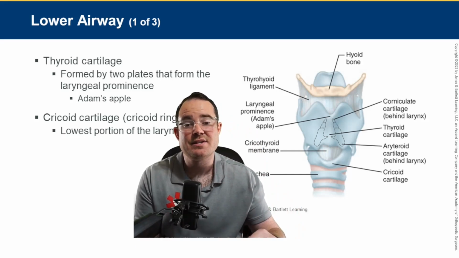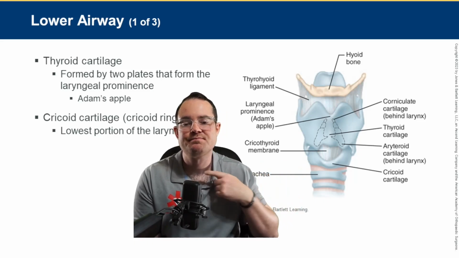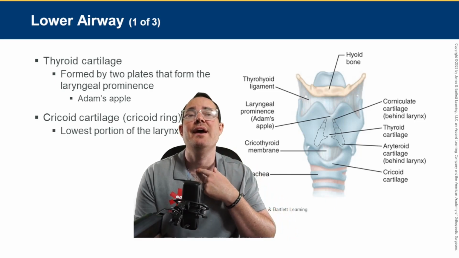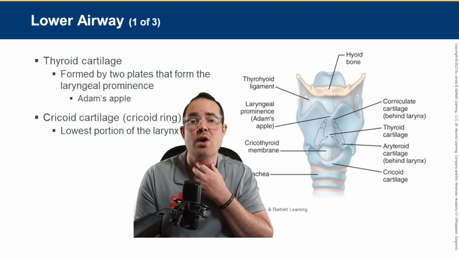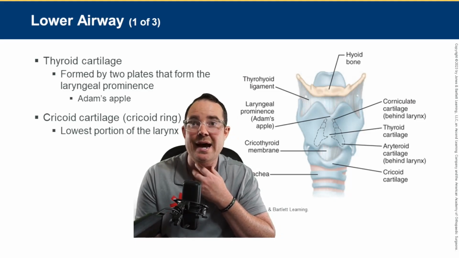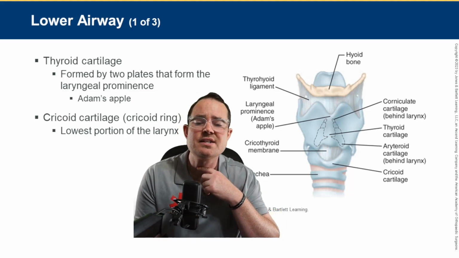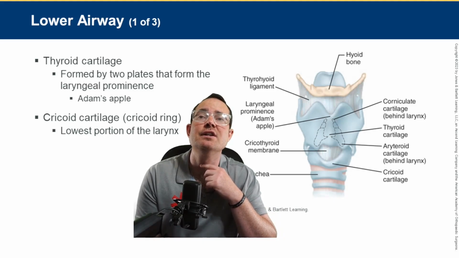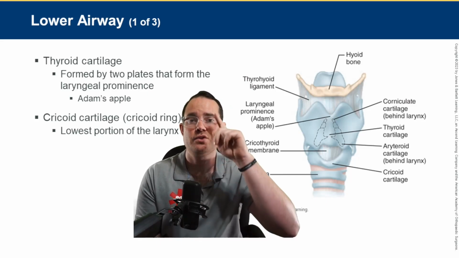And what I mean by that is the cricoid cartilage right here is that first bump at the base, right? So if I take my finger, and for ladies, this might be a little bit harder for you to feel, but for men that have more prominent thyroid cartilages or Adam's apples, you'll be feeling this. The first bump that you feel, it's known as the cricoid cartilage. When you move up from there, you're going to feel another larger bump, and that's the thyroid cartilage. So CT to the head.